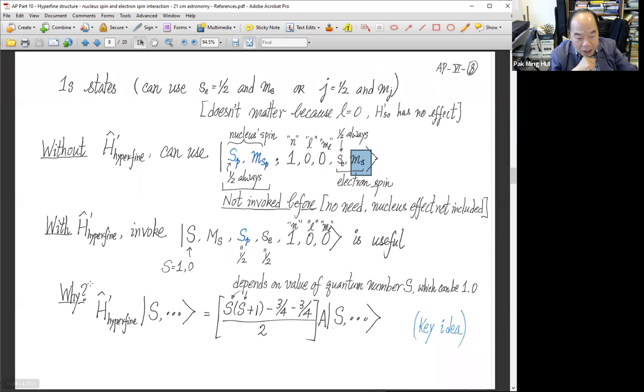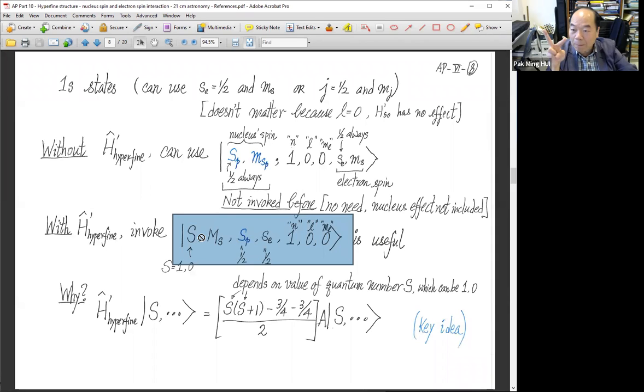But when you have this hyperfine splitting, this description should be used because that will immediately give us the splitting in energy according to the total angular momentum. I use a capital S here because the origin are both spins.